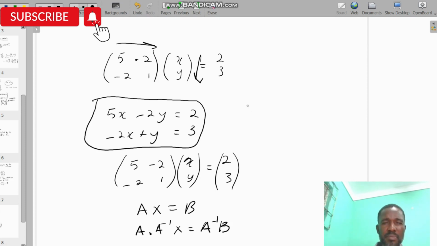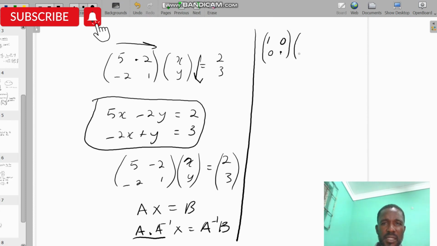A inverse times B. Hence, this part of the matrix is going to end up giving us the identity matrix. So it's going to become 1, 0, 0, 1, times x, y, equal to A inverse, whatever A inverse is, times B. If I multiply this, it becomes 1 times x gives us x, plus 0 gives us 0, and 1 times y gives us y.